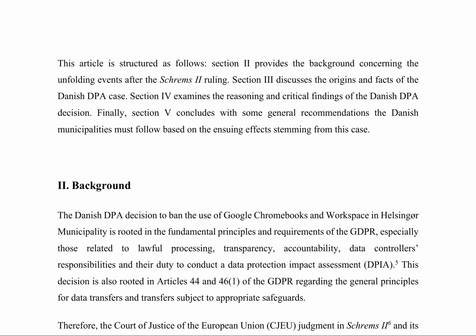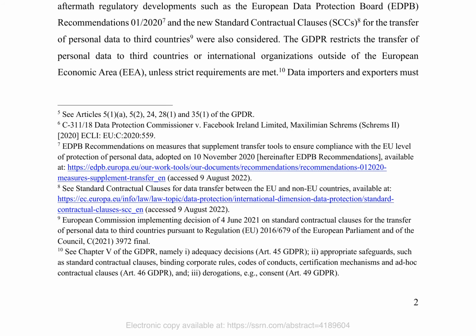The CJEU judgment in Schrems II led to regulatory developments, including the EDPB Recommendations 01/2020, which provide measures to supplement transfer tools and ensure compliance with the EU level of protection of personal data. The new SCCs for data transfer between the EU and non-EU countries were also adopted, providing a framework for data importers and exporters to ensure compliance with the GDPR.